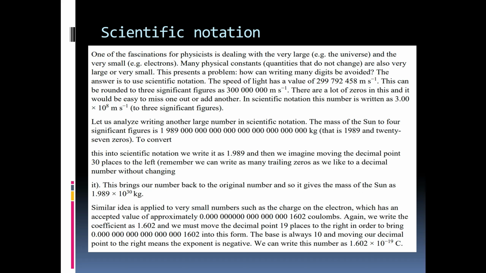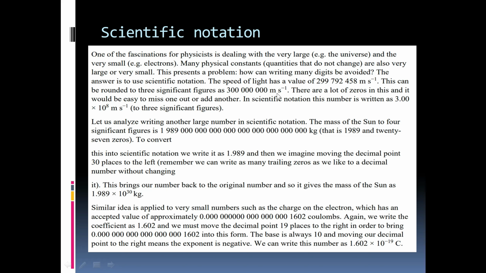For example, when we are talking about the speed of light, as I have mentioned in this slide, the speed of light is about 299792458 meters per second, and we have rounded this to three significant figures as 300000000 meters per second.